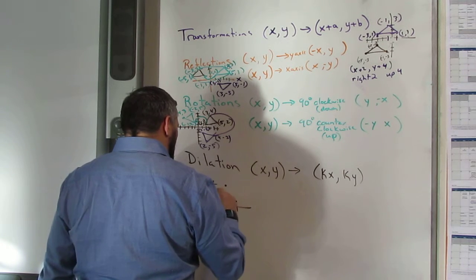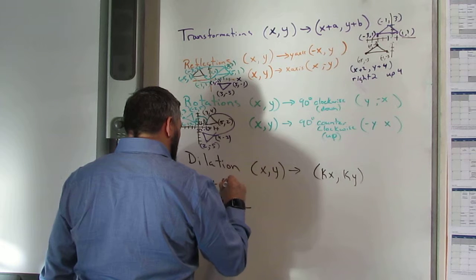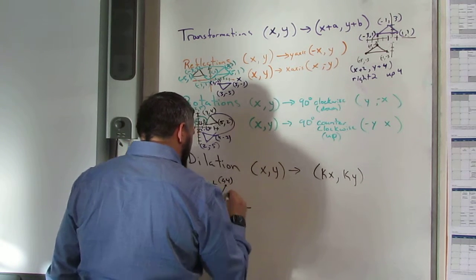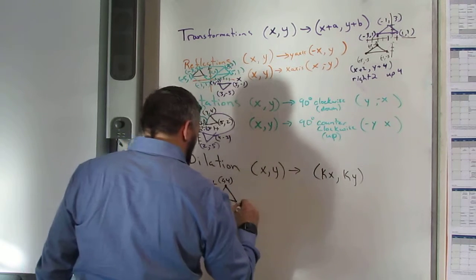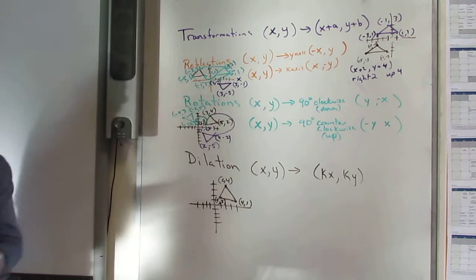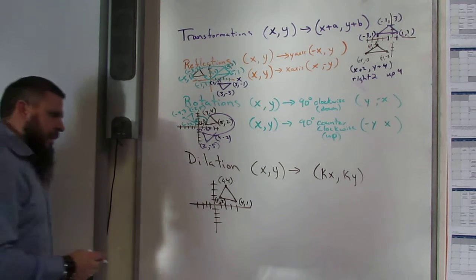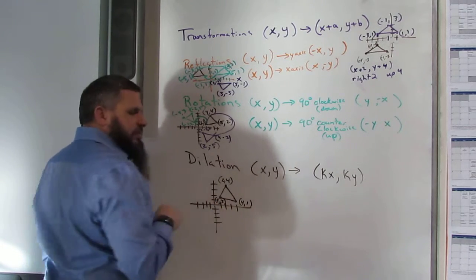So we got 1, 2, and we got 2, 4, and we got 4, 1. And I'm going to make it 2 times bigger. So to make this 2 times bigger, everything would be multiplied by 2.